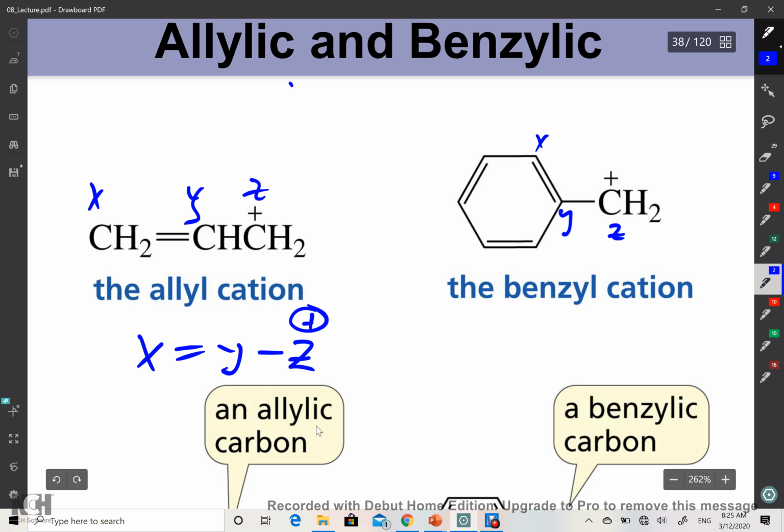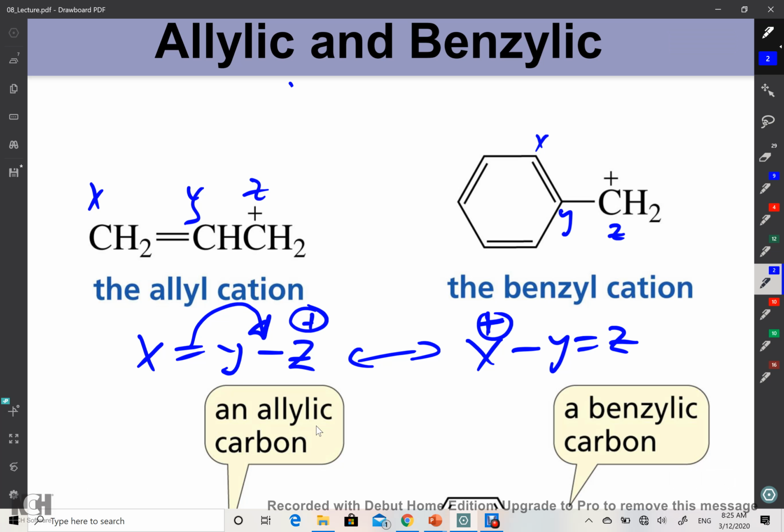If you have your allyl system, XYZ plus, the way you draw your arrows to indicate the resonance is that the electrons will leave from XY and then form a new bond between Y and Z. So your resonance structure will simply be this, and the positive charge will migrate to the X. That's the general way of drawing resonance structures for an allyl system. And that's also true for the benzyl system.